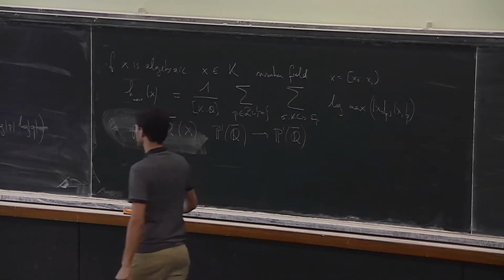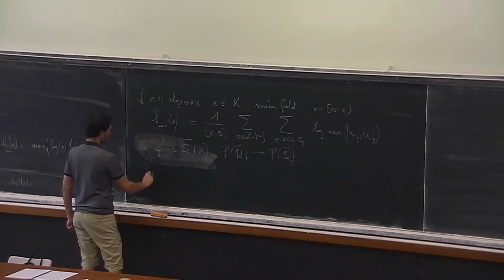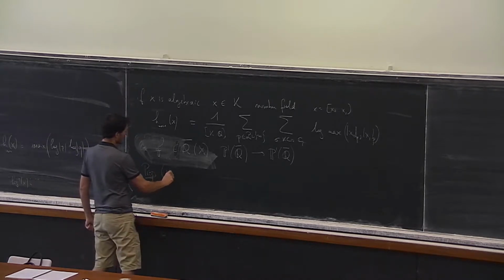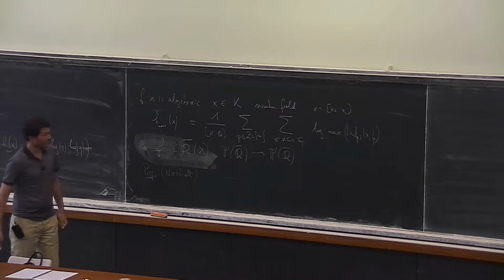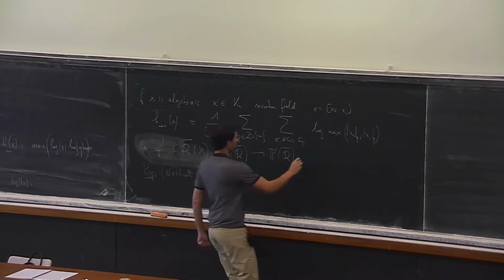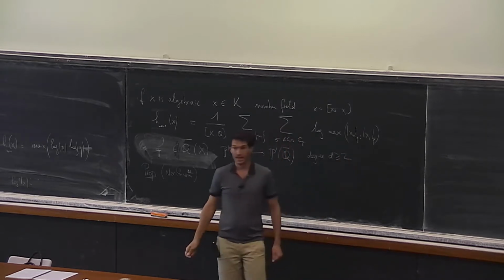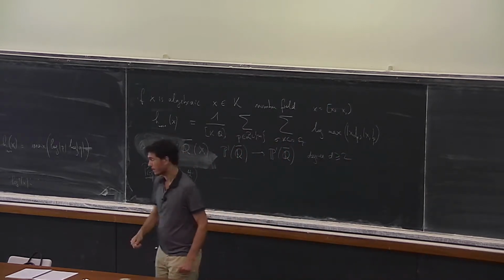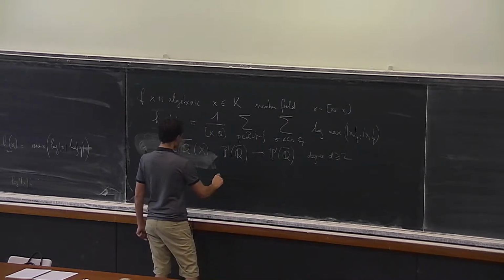And there's a simple proposition, or lemma. Apparently this is due to Northcott. So f is of degree d, and you can compare the height of the image with the height of x. The proposition is like this.